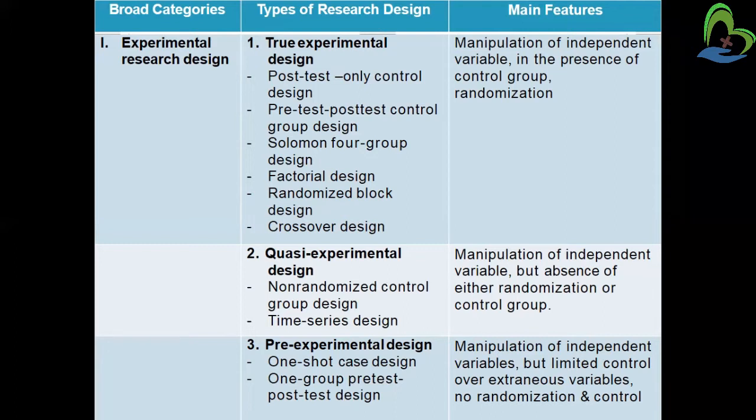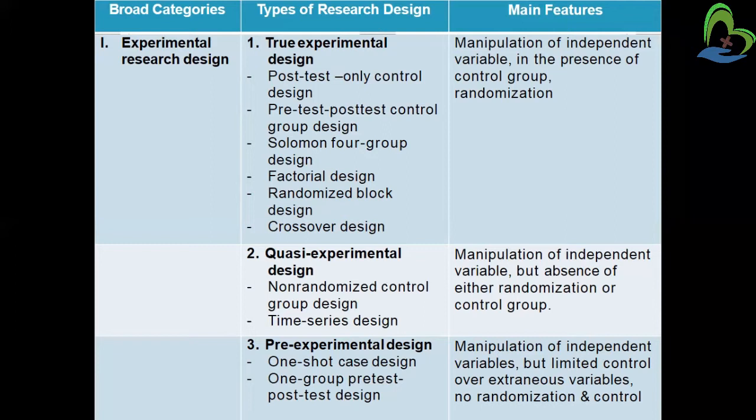It might minimize the effect of extraneous variables which might confound the result of the researcher who is doing the study. Further, it has been classified into true experimental design, quasi-experimental design, and pre-experimental research design. We will study them one by one.